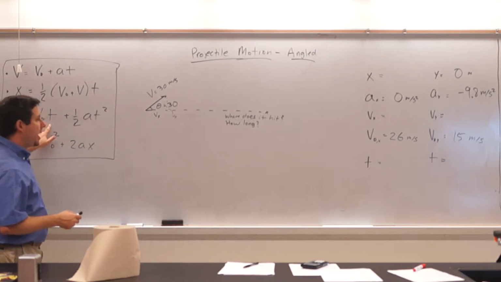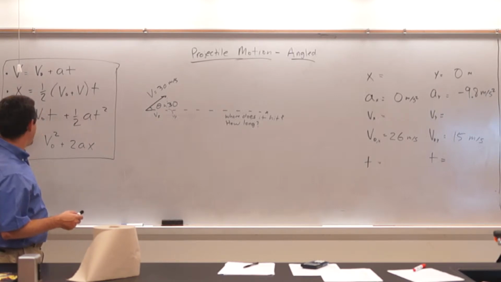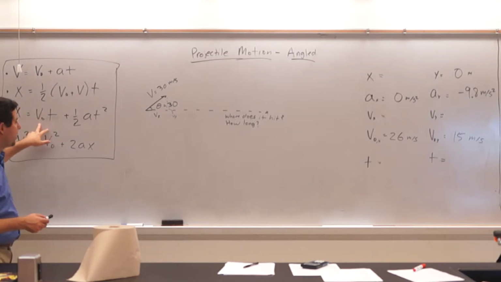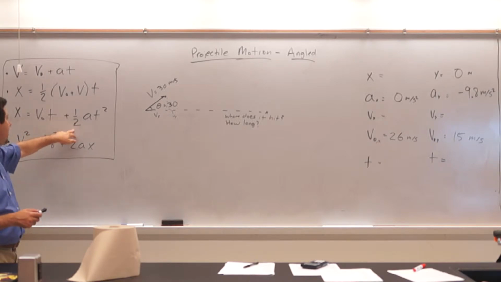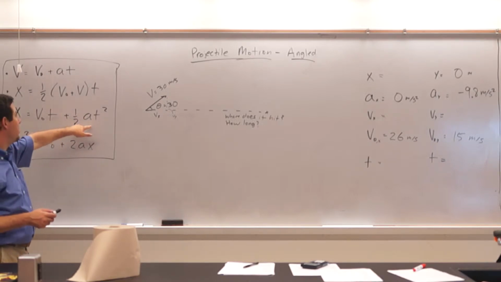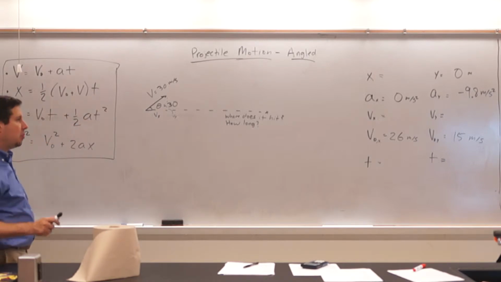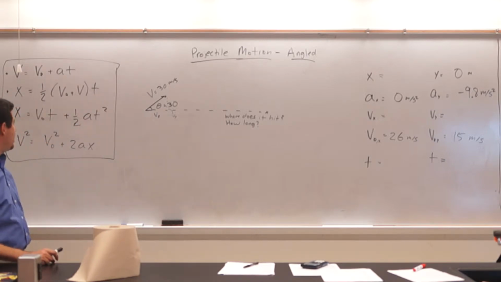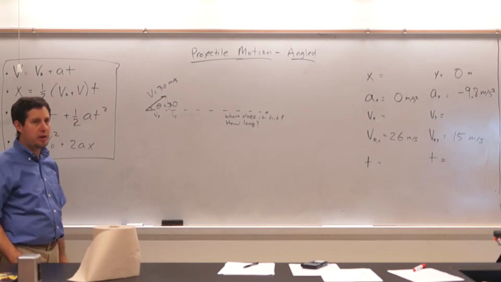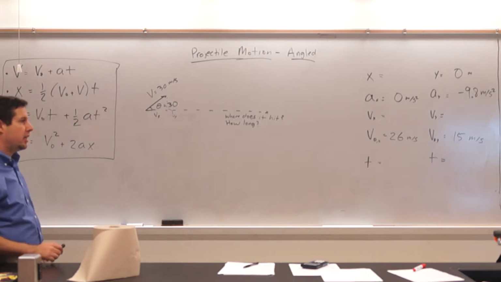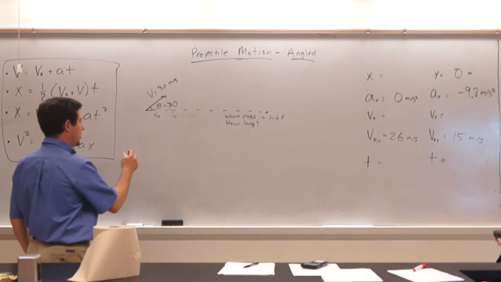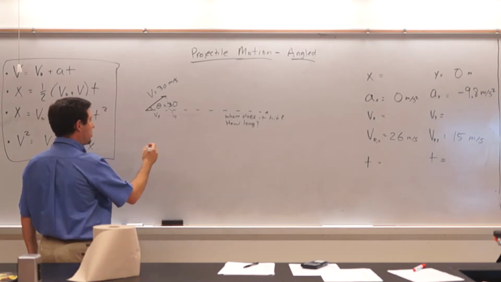So V naught we have, T we don't have, but we could solve for it. Y we have, V naught we have, T we don't have, 1/2 we know, A we know. So the only variable that we need to solve for is T. But the challenge is that if you're trying to do it with this, you have a T and a T squared. That's where you need to start getting into the quadratic equation.